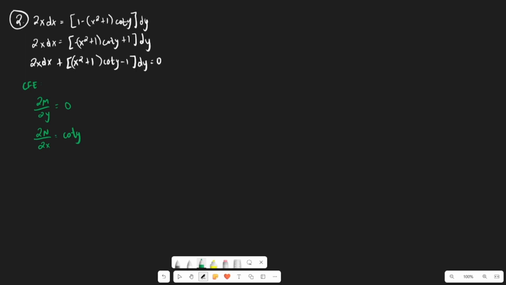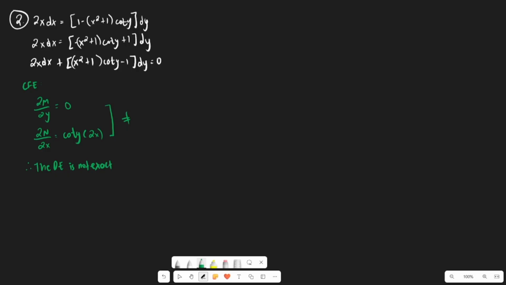Then we get the derivative of x squared plus 1 with respect to x, so we'll have 2x. Minus 1 becomes just 0 since the derivative of a constant is 0. So these two are not equal. Therefore, the DE is not exact.